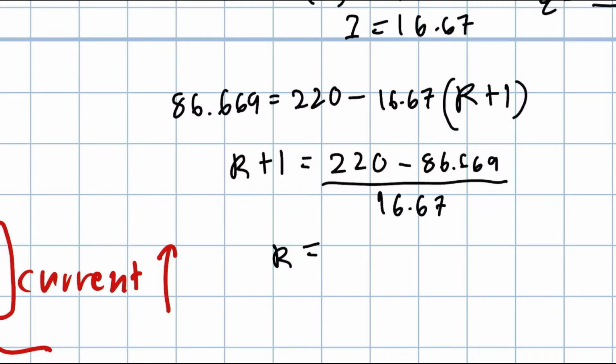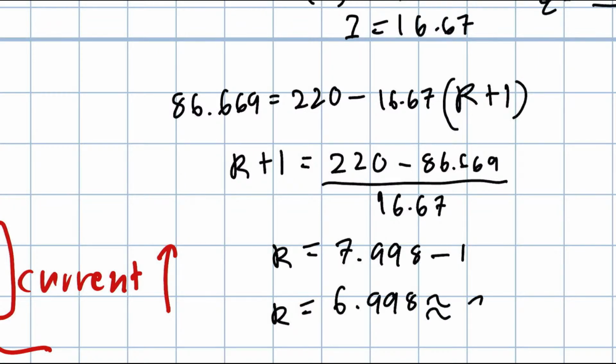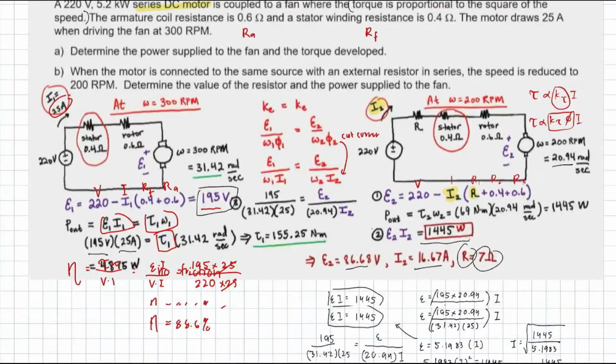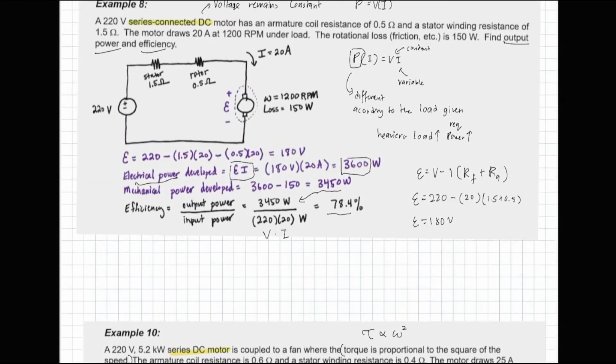Oh, dapat 8, which is 7.998 lah, minus 1 dapatlah 6.9998, which is equals to 7 ohms. Okay, dapat dah. Okay guys, so that is all for DC motors.